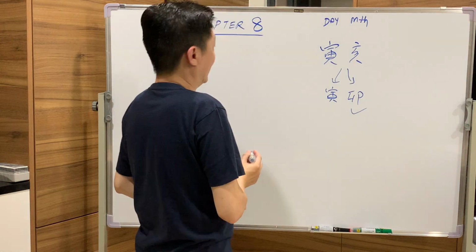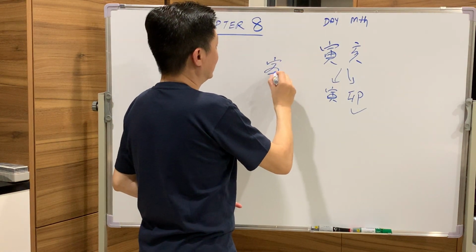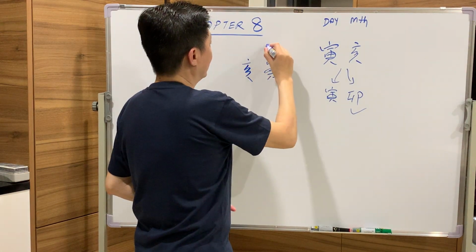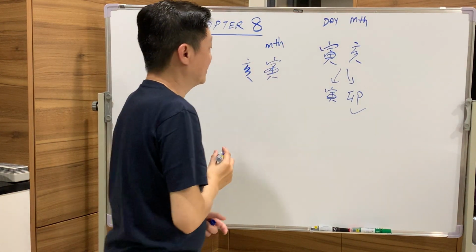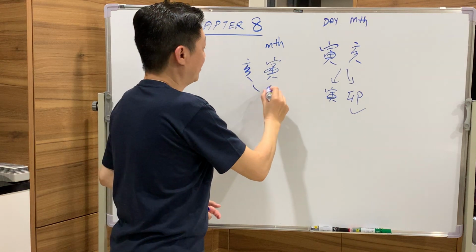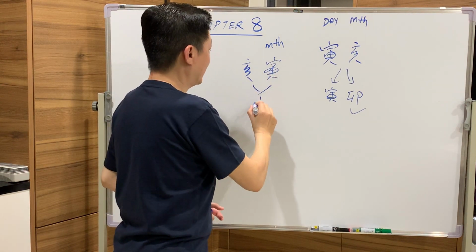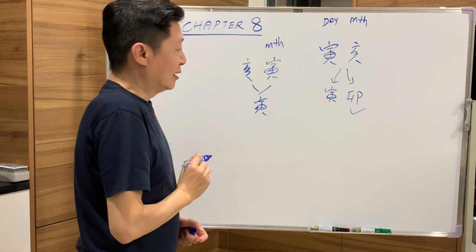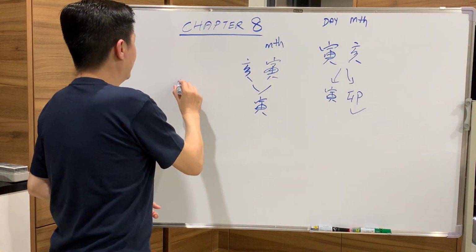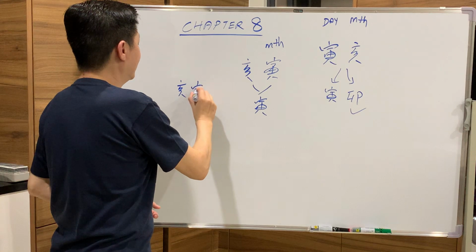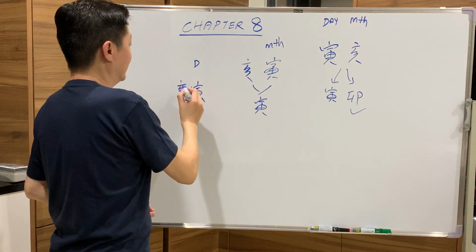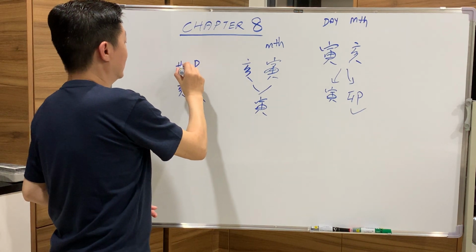Okay, example, let's say now the month is tiger, right? They combine. Because tiger is yang, they become tiger. Okay. What happens if we have, let's say, pig and tiger day, tiger day, then pig hour?